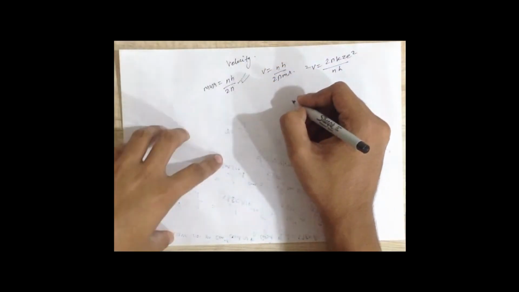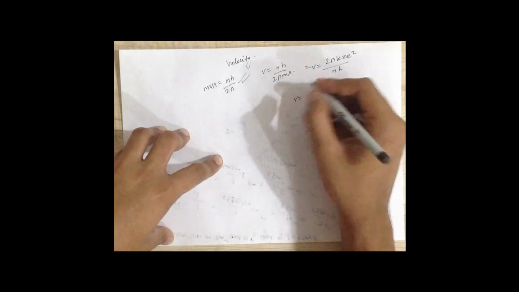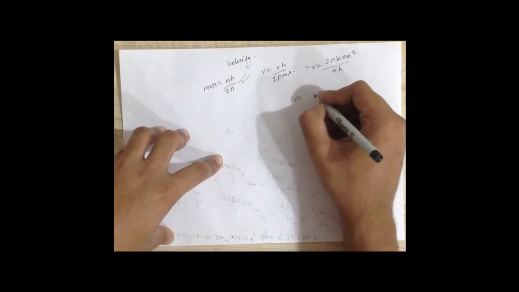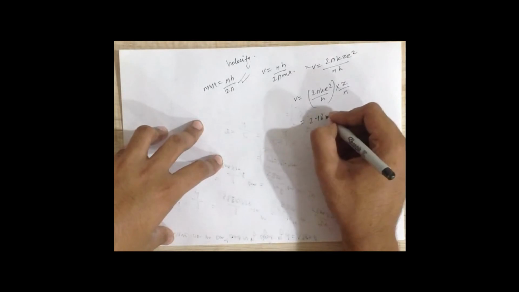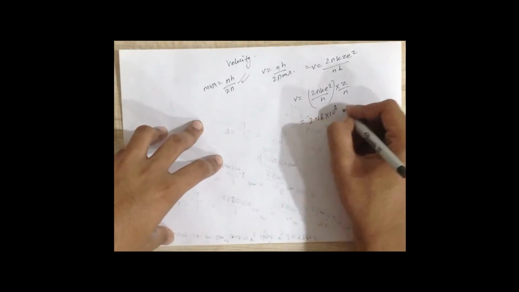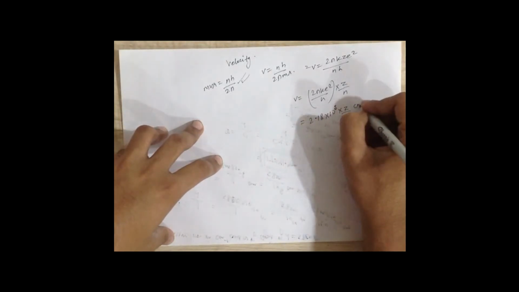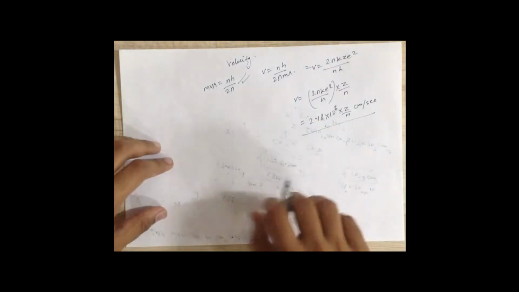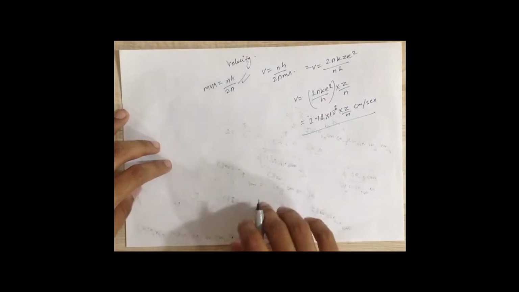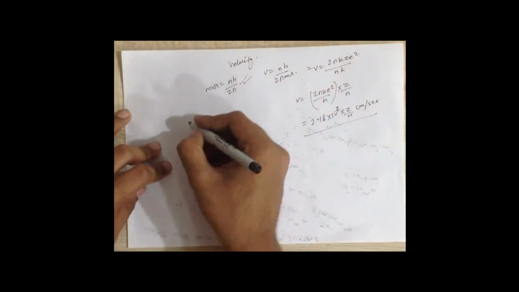Now again separating the constants from the variables, we get 2 pi k e square upon h into z upon n, that is equal to 2.8 into 10 to the power 8 z by n centimeter per second. So this is the relation for velocity.